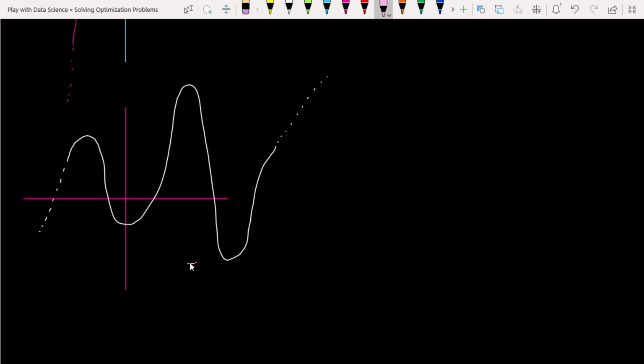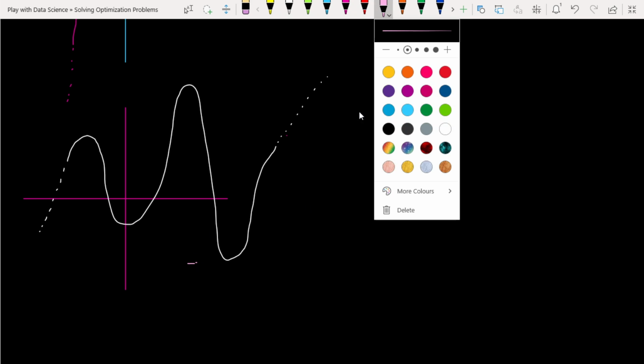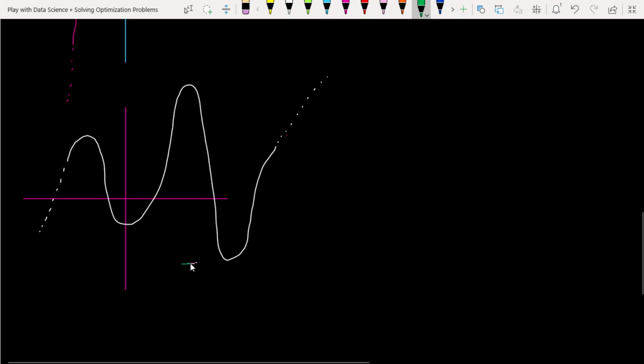So here you can see, using this color, at this point the tangent equals 0.